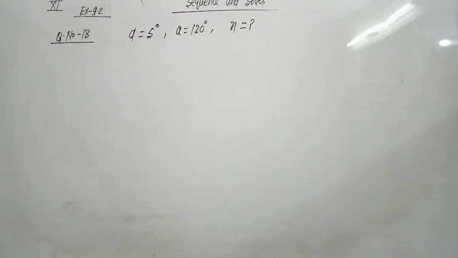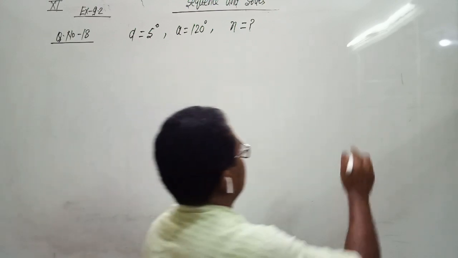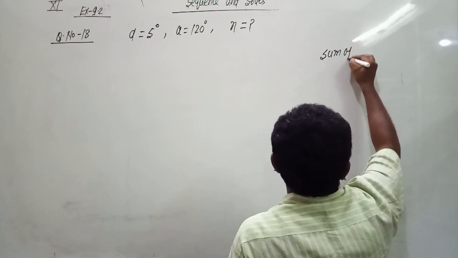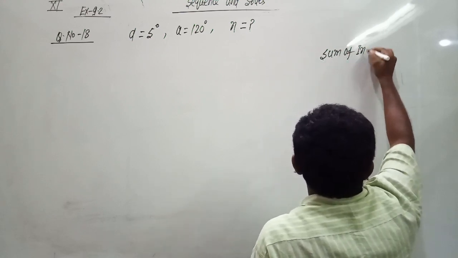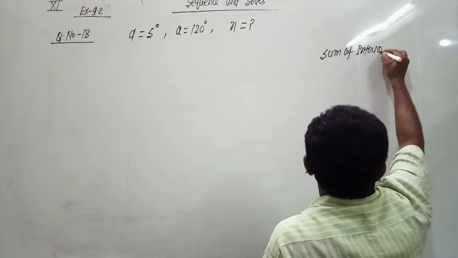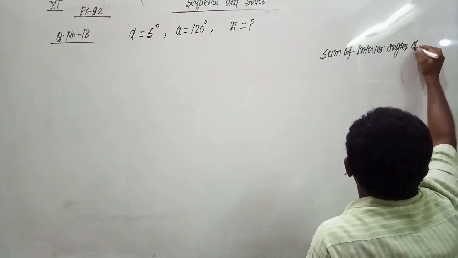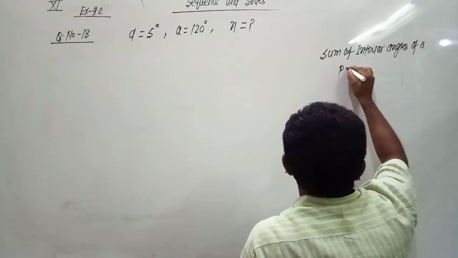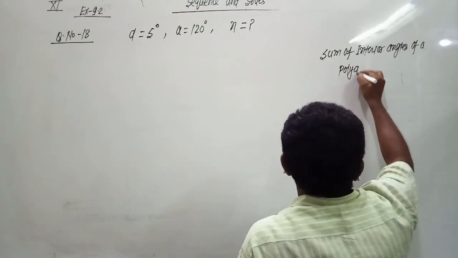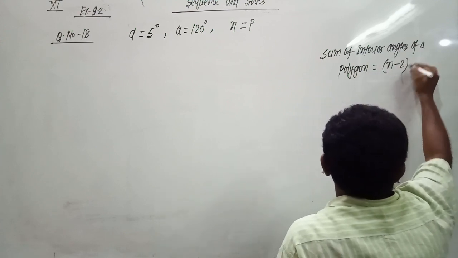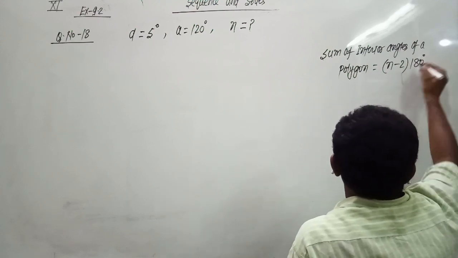And we know the formula for the sum of interior angles of a polygon is given by (n minus 2) into 180 degrees.